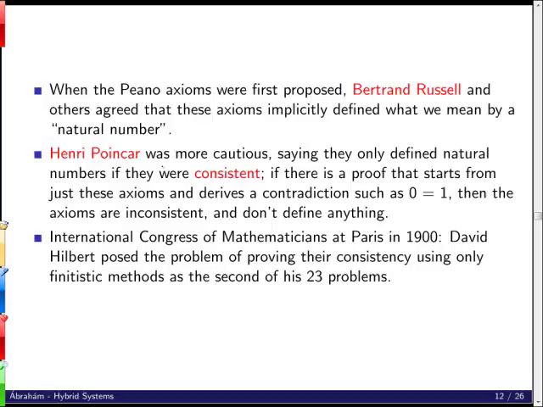But some others, for example Henry Poincaré, was more cautious, because he said, okay, they think that it is this way. Intuitively, I would also say that it is correct, but are we sure that there are no mistakes in this axiom? But we say today, are they consistent?